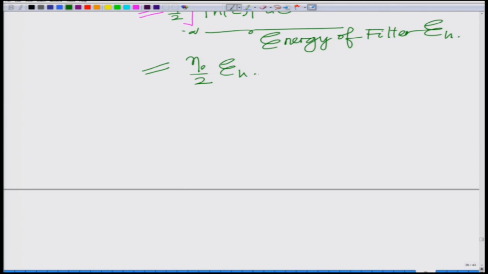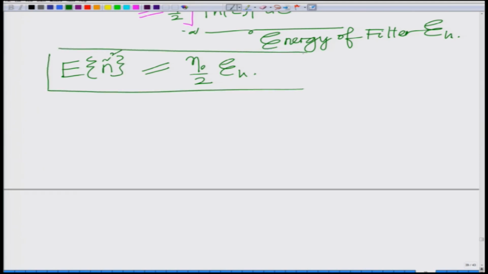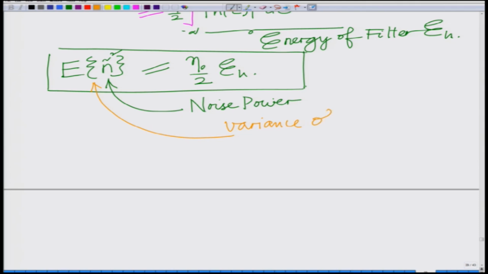So, remember this is the quantity expected value of n tilde square. In fact, we can say n tilde is a Gaussian random variable, and this is the variance or the power, this is the noise power. Also, since this is a 0 mean Gaussian random variable, expected n tilde square is the variance of n tilde.